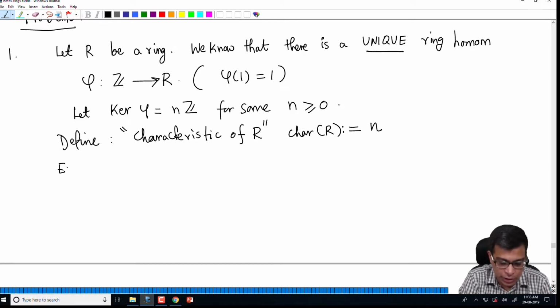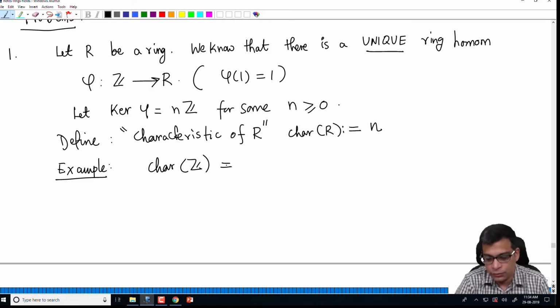So as an example, what is the characteristic of Z? Remember, there is a unique map from Z to Z. In fact, that's the identity ring homomorphism. Its kernel is the 0 ideal because it's an injective map, and hence the generator is 0.